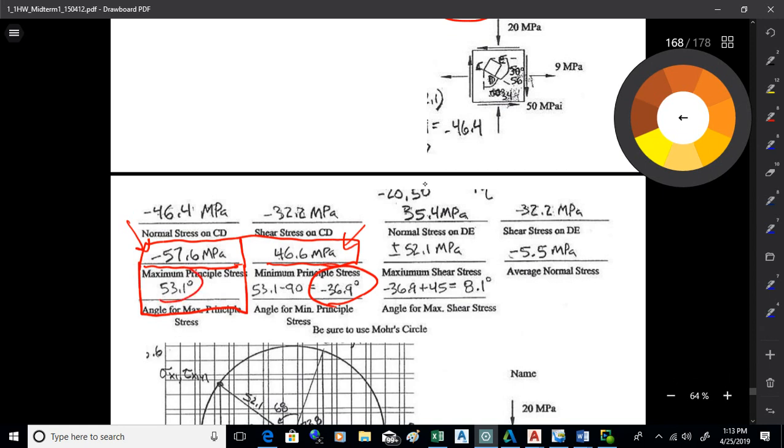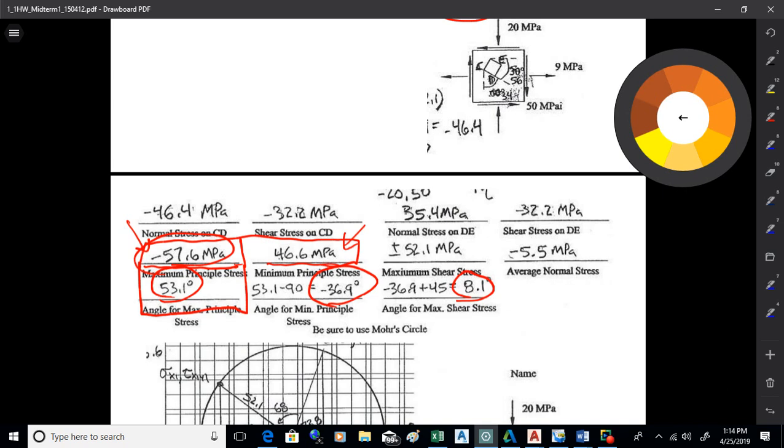If I add 90 to it, I get 53.1. That's where the other principal normal stress acts. And then if you add 45 to it, you get where the maximum shear acts in plane. So if you find one of those angles off the circle, you're good. You can just add 90 and 45 and get the other two.